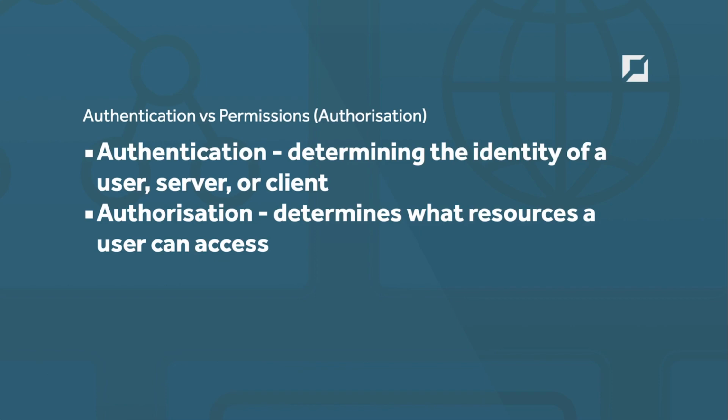So once we've authenticated a user or a server or a client, typically the next step is thinking about permissions, authorization. I will utilize the words permissions and authorization, typically talking about the same thing here, and that's determining what resources a user, a server, or a client can access. So permissions, determining what resources a user can access, is the focus of this tutorial series.